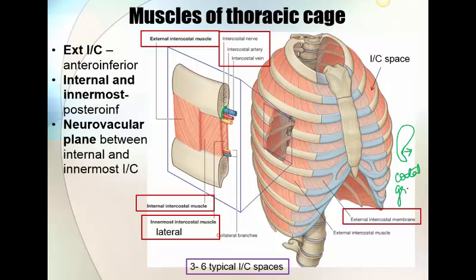So this main neurovascular bundle lies in this costal groove, and in an intercostal space you can see that this main neurovascular bundle is lying along the upper part of the intercostal space. So this is the upper part of the intercostal space and this is the lower part. The main bundle lies in the upper portion of the intercostal space, and that's clinically important, which we'll talk about later.